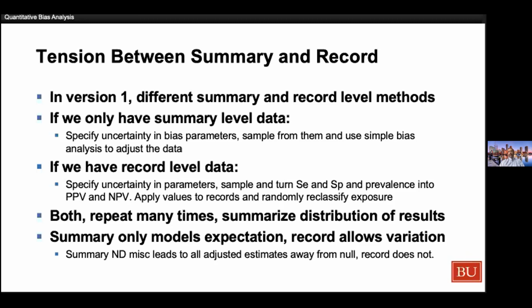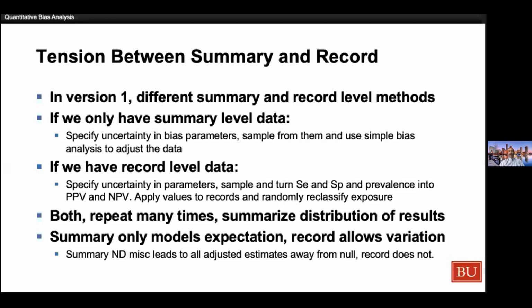If I have record level data though, then I can apply the corrections to individuals. I do have to turn sensitivity and specificity into positive and negative predictive values to do that, but that's not super hard to do, as we'll see. And I can then run that over and over and over, whether I'm doing summary level or record level, and I can summarize the results in a distribution. The main difference between the two, at least as we originally conceptualized it, is that summary approaches are only working on the expectation.